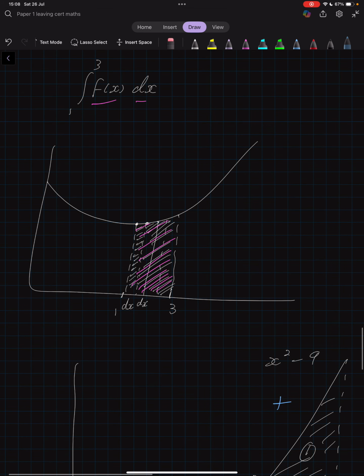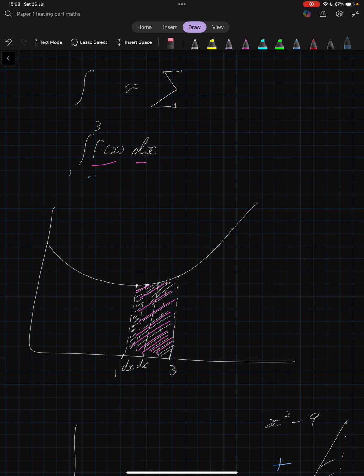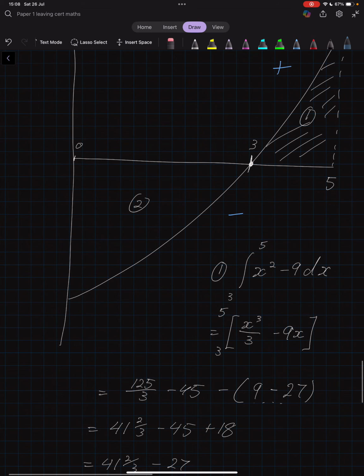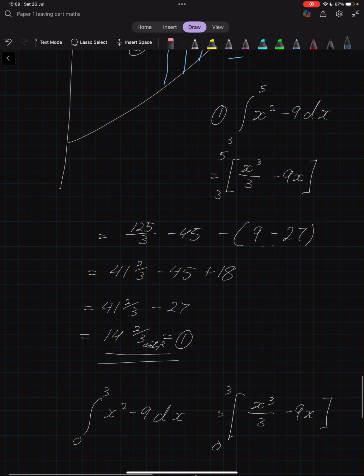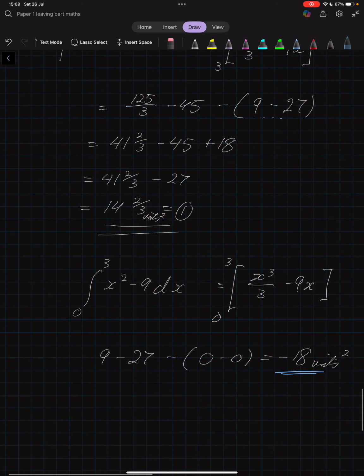All it does, as I said up here, is multiply the function by the length. So this is always greater than 0, but this mightn't be greater than 0. F of x can be negative, and in this case, it is negative. And therefore, you're multiplying something negative by something positive, and you're adding up a load of negative things. So it sees all these areas as being minus. And that's why we end up with a minus here.